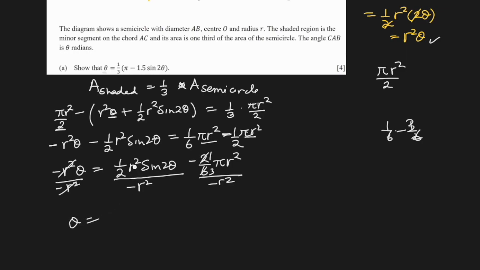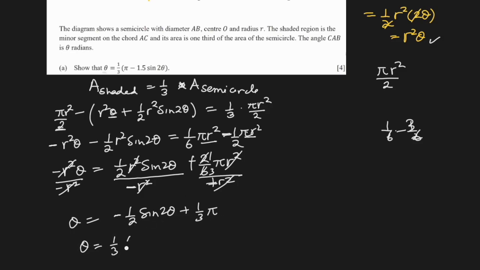Theta is equal to, r square and r square cancel, but this negative will make it negative, so negative half sine 2 theta. This negative and this negative will become positive, and r square cancels with r square. 1/3 pi plus 1/3 pi, and it is not matching with this. So what will we do? We'll take 1/3 common out of this.